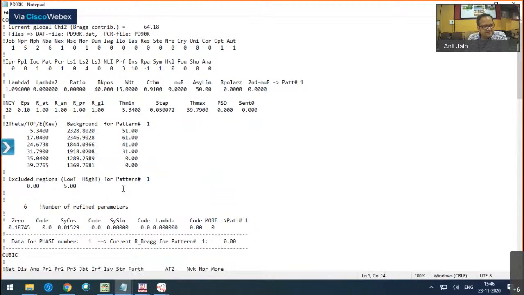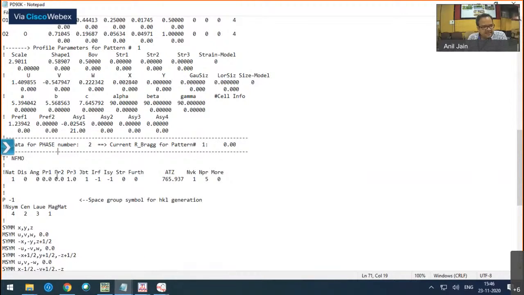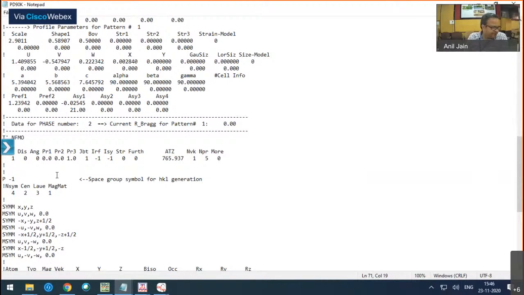We have two phases. And now for phase number 2, you can see that we have ISY equal to -1. So we will give the symbols, the magnetic symmetry, in this PCR file like this.